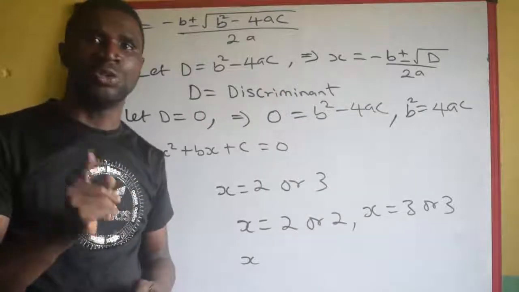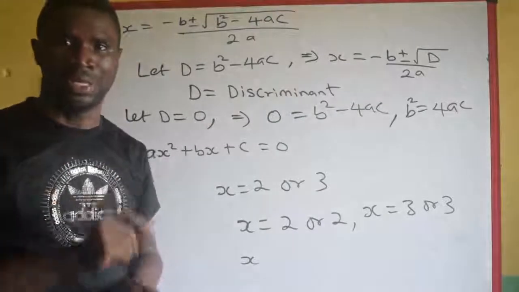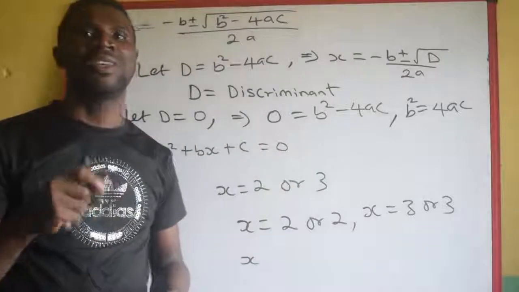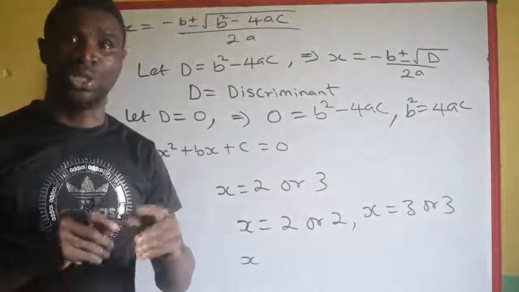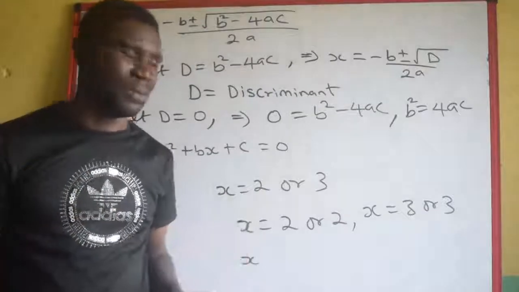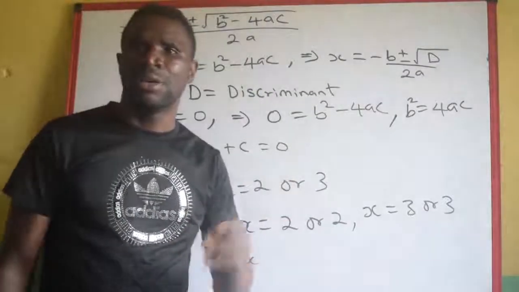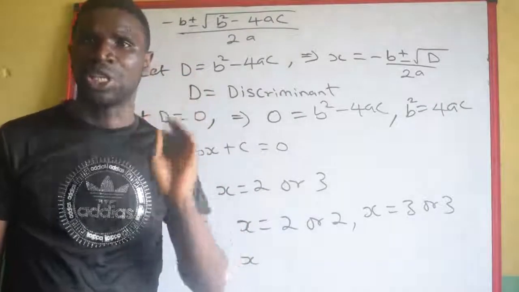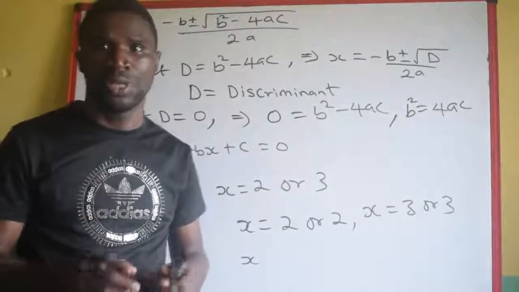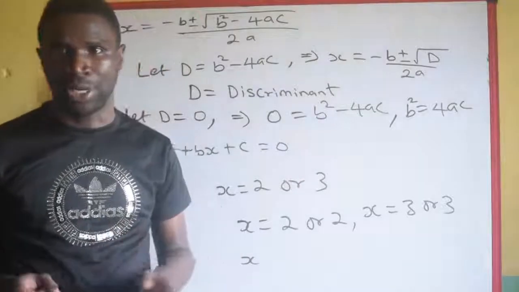If you have 1, you have another 1. If you have 2, you have another 2. If you have minus 3, you have another minus 3. The two answers, or the two solutions, or the two roots must be the same. But when they are not the same, it clearly means that the given quadratic equation is not a perfect square.